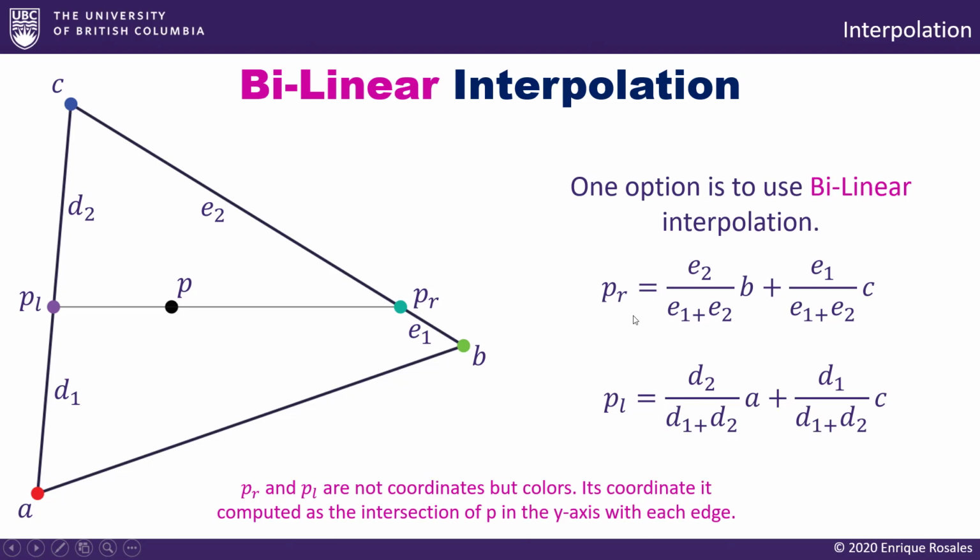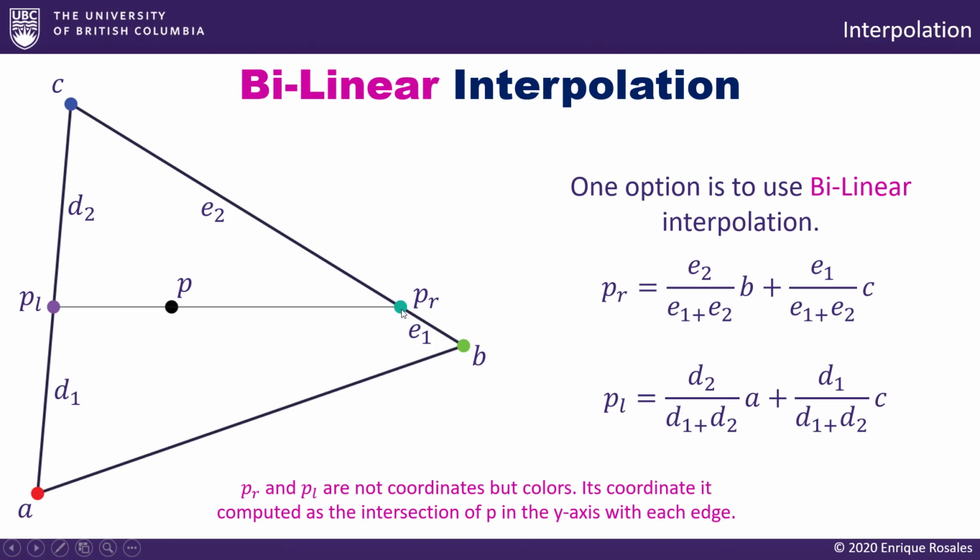So how do I compute the color? Once you have this coordinate, you then need to compute these distances, E1 and E2, and D1 and D2. Having the coordinates, it's very easy to find these distances. In order to compute the color from PR, let's talk about PR first.